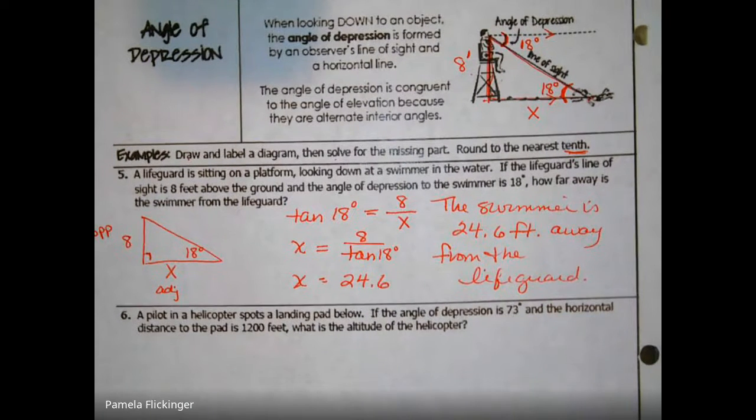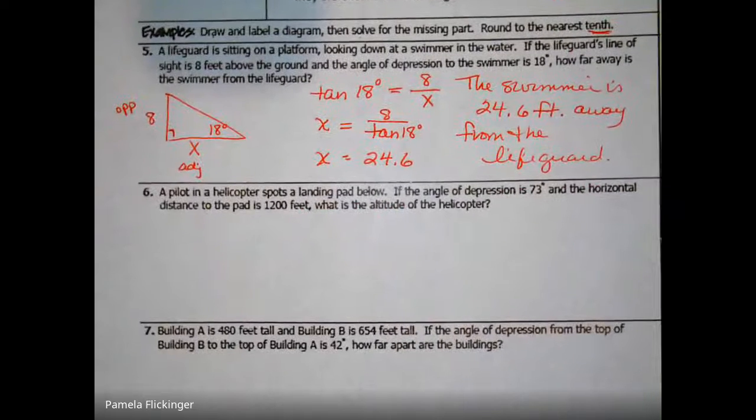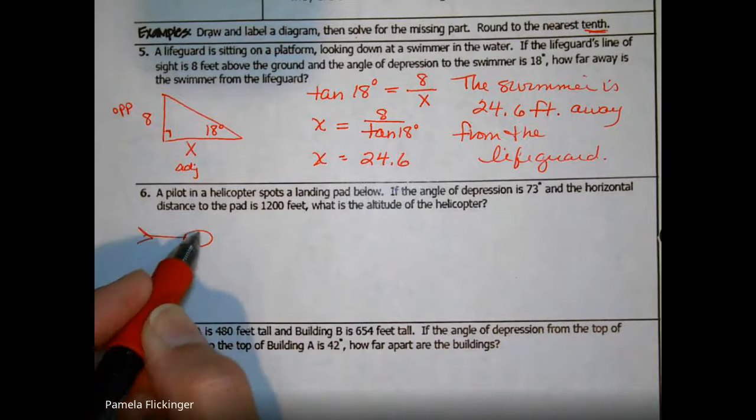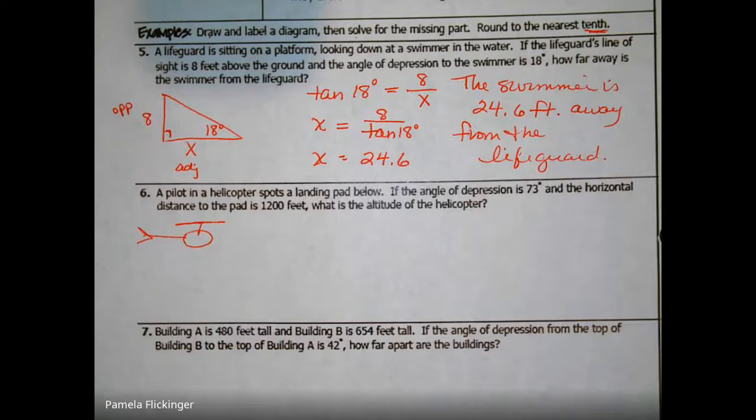All right, number 6. The pilot in a helicopter spots a landing pad below. If the angle of depression is 73 degrees and the horizontal distance to the pad is 1,200 feet, what is the altitude of the helicopter? So let's draw a little helicopter here. We've got a pilot inside.